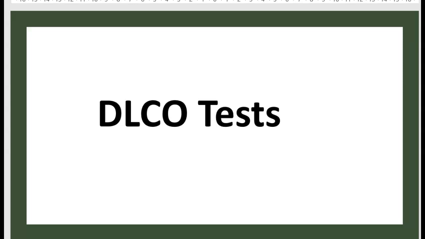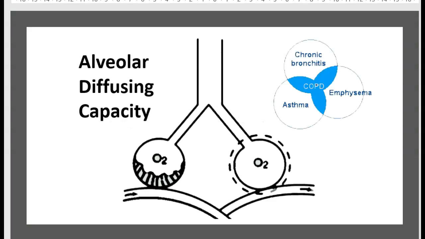Diffusion lung capacity for carbon monoxide test, the DLCO. It's a way to measure alveolar diffusion capacity. Here is emphysema, here is interstitial disease, here there is some fibrosis, and here dilatation of alveoli.